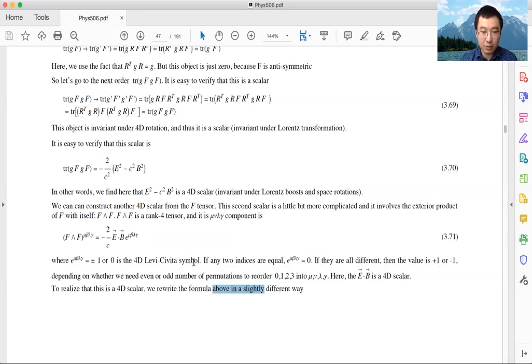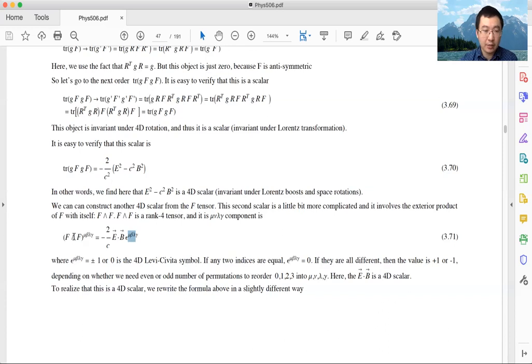We define epsilon 0, 1, 2, 3, that is, mu is 0, beta is 1, the next one is 2, and the last one is 3, to be plus 1. Then for any other order, if we switch an even number of times, it's plus 1. If we switch an odd number of times, it's minus 1. That's exactly the same as the 3D Levi-Civita symbol. So this is a 4-dimensional antisymmetric rank 4 tensor, the 4-dimensional version of the Levi-Civita symbol.